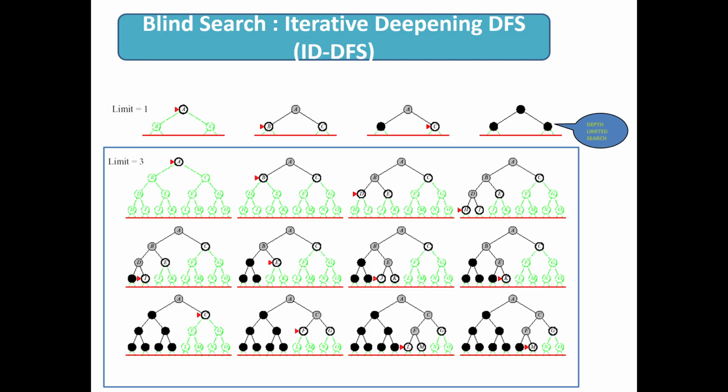First I set the limit to 1, then I search for the solution or the goal. If it is not found, then I can change the limit to 3. This was not possible in the previous method. So I change the limit to 3 and again search up to level 3. This is the way we can go for the iterative deepening method.